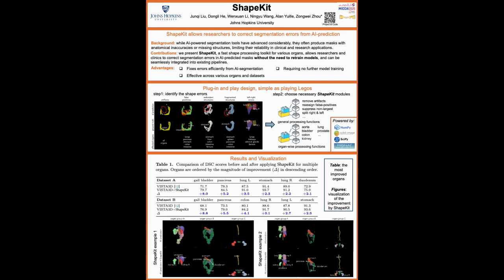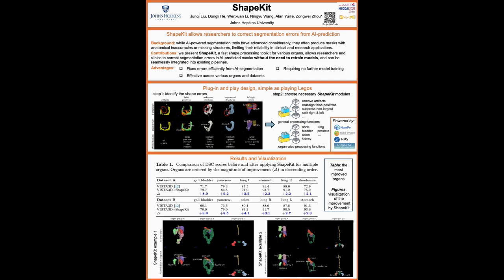To use ShapeKit, the first step is to identify the shape errors in medical image segmentation. Here, we present 5 common segmentation errors, that is, artifacts, false positives, redundant structures, fragmented structures, and left-right errors. The next step, after identifying all these errors, is to choose the necessary ShapeKit modules.